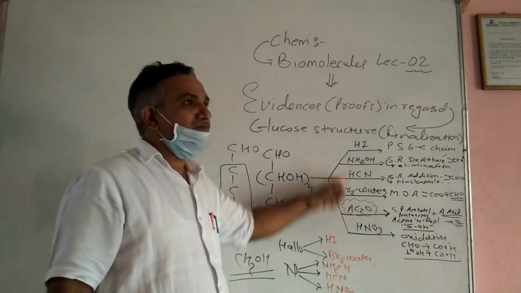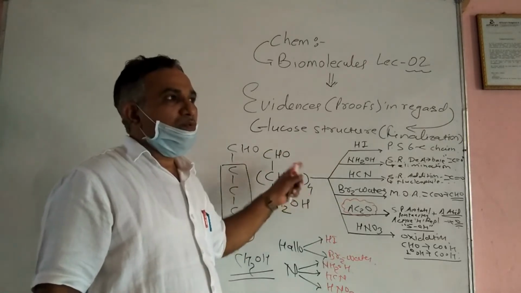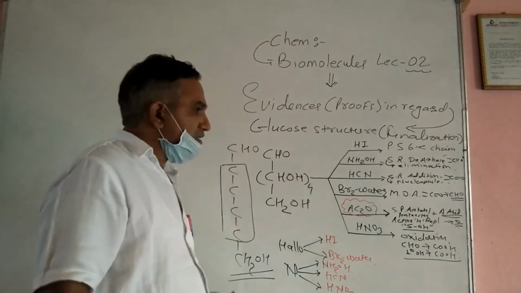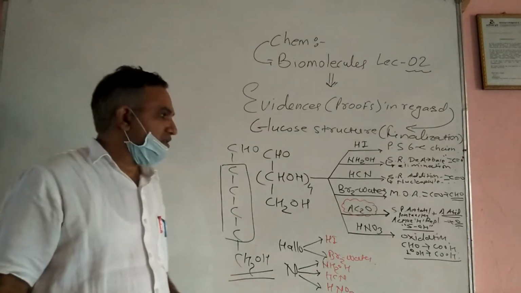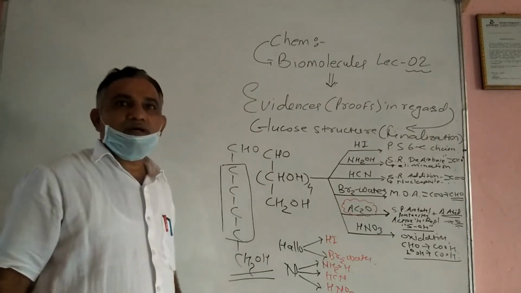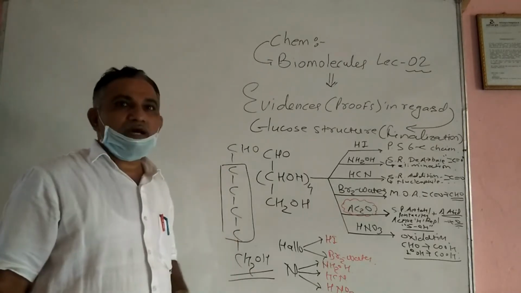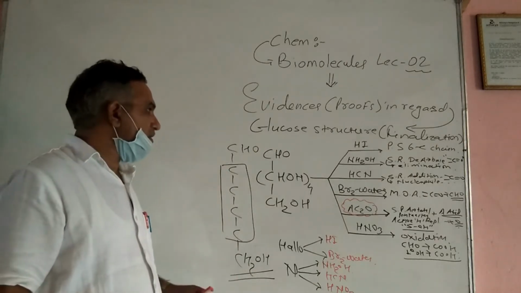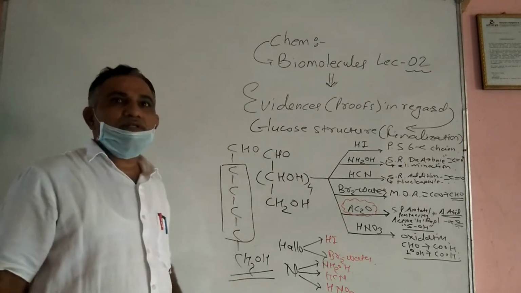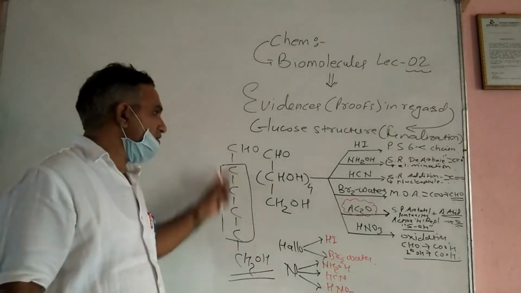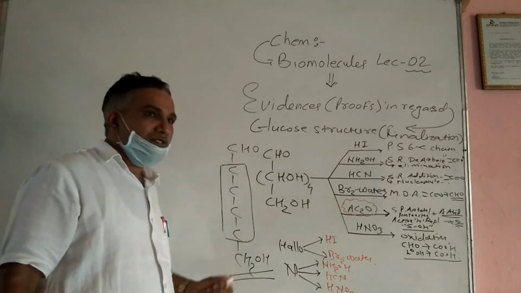These are the different chemical reagents we have to use to prove whether glucose has such a structure or not: the aldehyde group at one terminus, the primary alcoholic group at another terminus, the 4 chiral centers of carbon, and the carbons arranged in a straight chain. So glucose has an open straight chain 6 carbon structure, and this is the allocated structure of glucose.